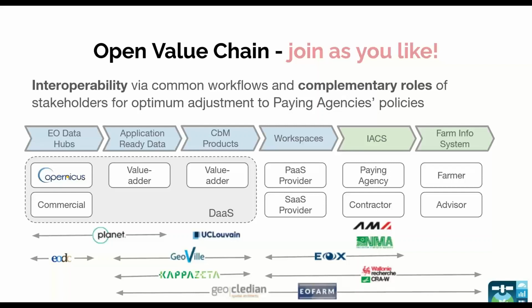I fortunately have no time to go into the details, but I do want to extend the invitation to all of you who are listening and who are interested and feel you could play a role too in the value chain, either as a customer, as a paying agency, as a contractor to a paying agency, or as a vendor of data and managed processing capabilities, or of a widget-based tool. Come and join the initiative. The initiative is open to onboard you with your specific assets, and get in touch with us. Thank you.